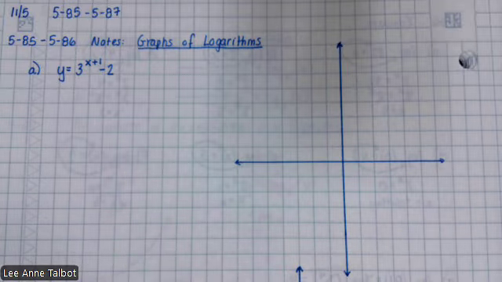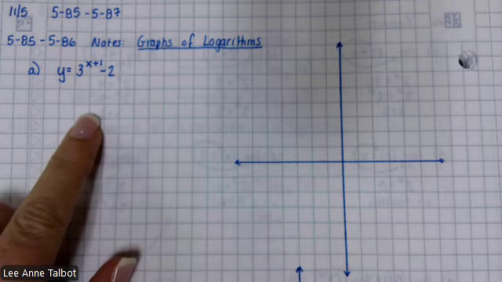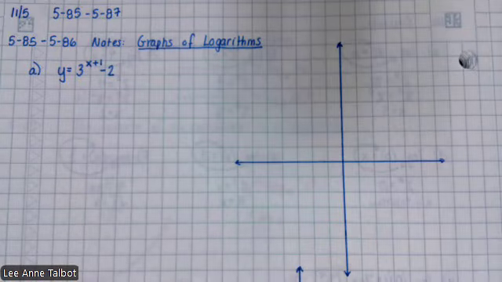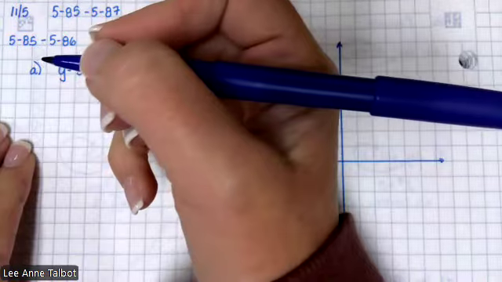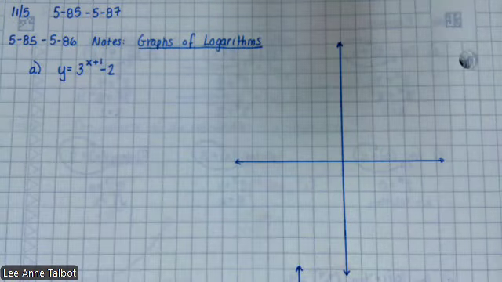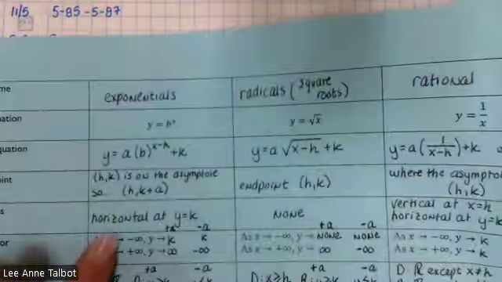Alrighty. So first thing I want to mention is that this is an exponential. Okay, and exponentials, here, let me get my blue sheet. Exponentials, I want to start with the asymptote.